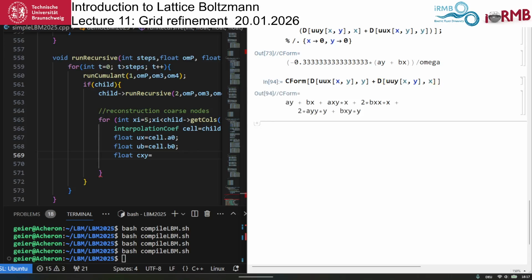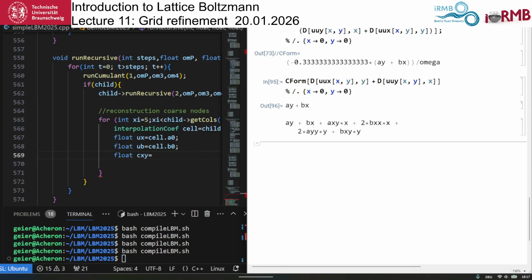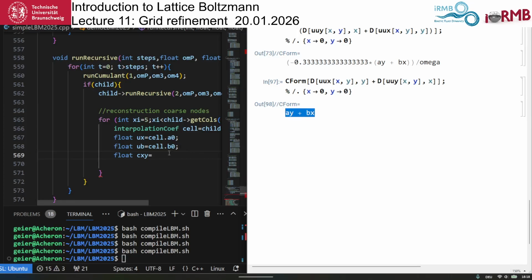Now this is evaluated, because we're in the middle, at x equal to 0 and y equal to 0. This will become more complicated in the other case. So now this apparently is this here.